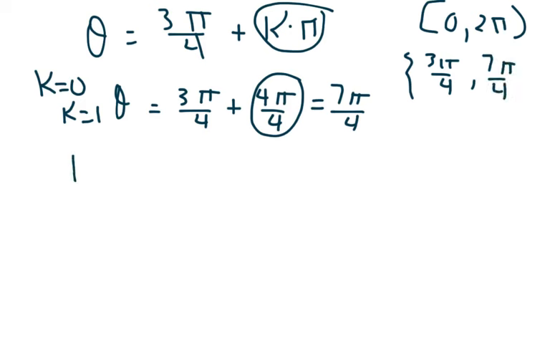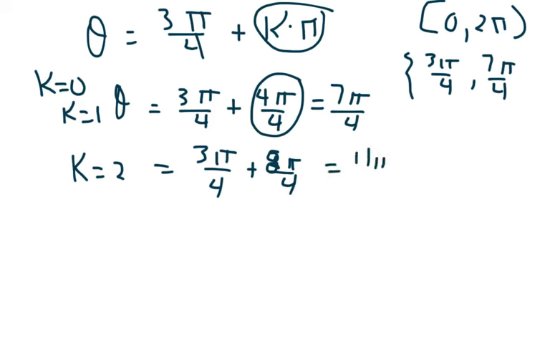And let's try k equals 2. K equals 2, we have 3 pi over 4 plus 8 pi over 4. That equals 11 pi over 4. 11 pi over 4 is bigger than 2 pi, so we have to disregard it.